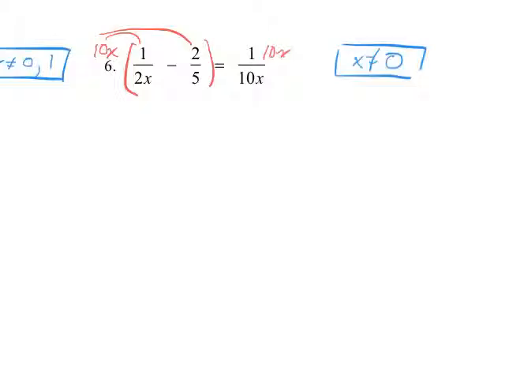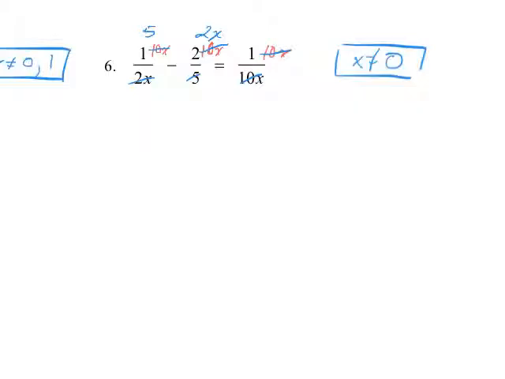So often what we'll do to save a step is to multiply each of these two terms separately by 10x. And then as we look at it, we can see here the 10x completely cancels. Here 5 goes into 10x 2x times, and 2x goes into 10x 5 times.